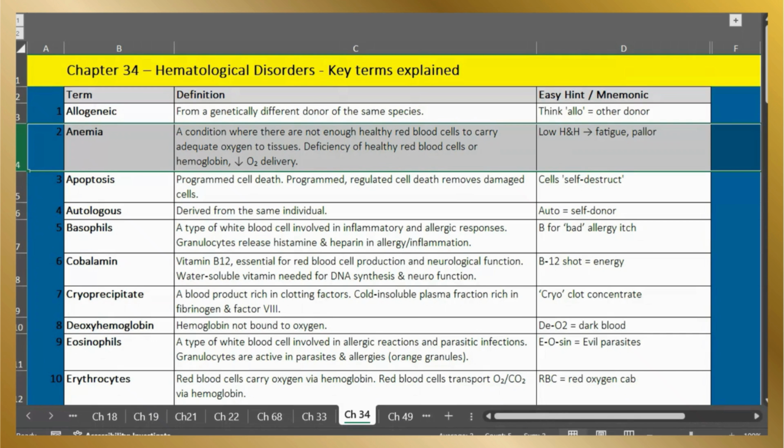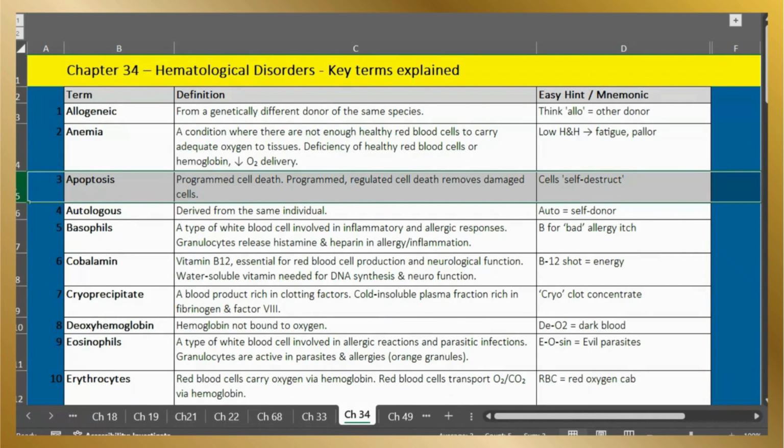It can result from blood loss, nutrition deficiency, or chronic disease. So we go more into that in the next video.